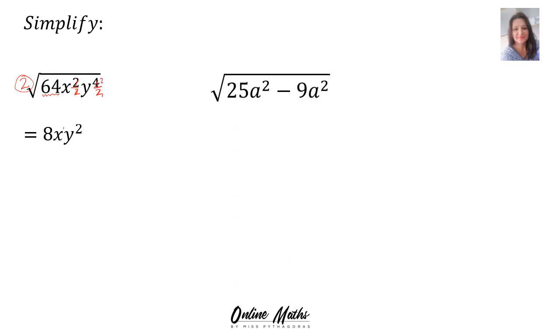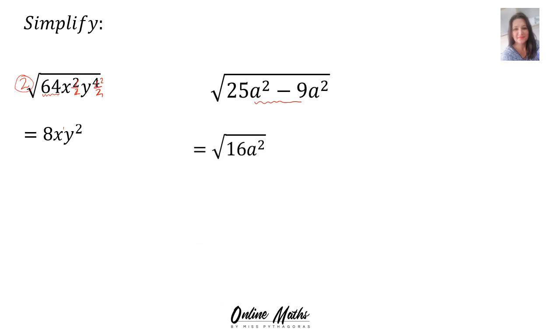Let's do another example. The square root of 25a^2 minus 9a^2. Now, you cannot deal with each term individually. That's mathematically incorrect, and that's exactly why I gave you the sum. First, you have to work with whatever is going inside the bracket, and then you find like terms.